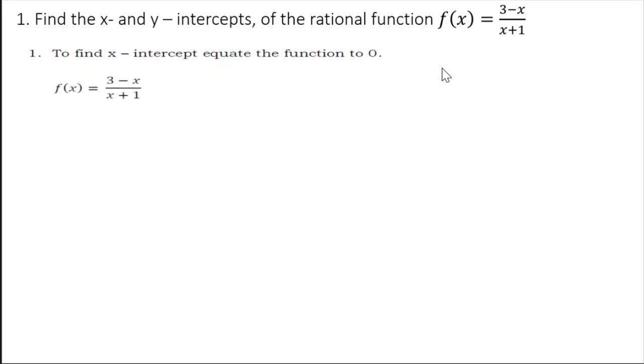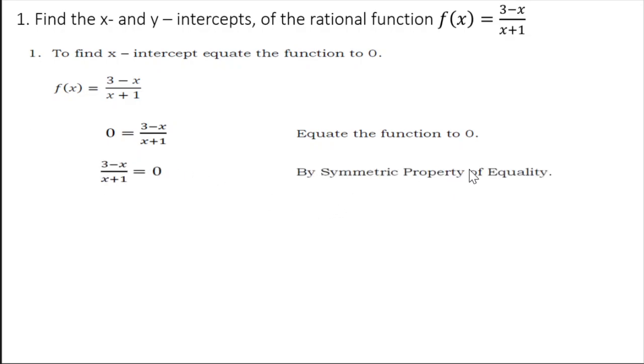So for this function, f of x is equal to 3 minus x over x plus 1, equate the function to 0 by replacing the f of x, or your y, with 0, and then solve for x.